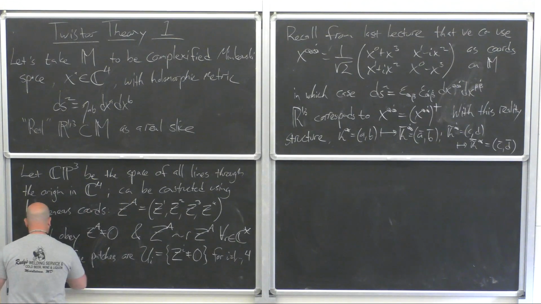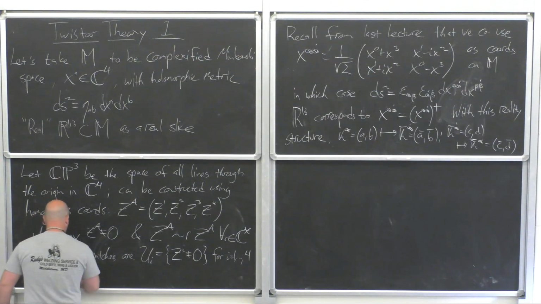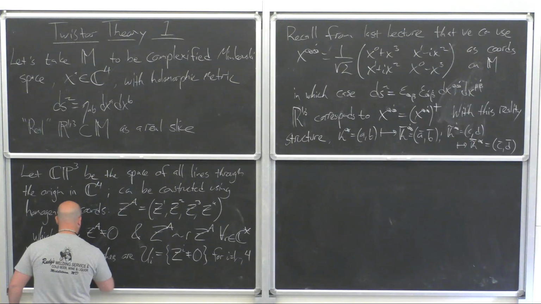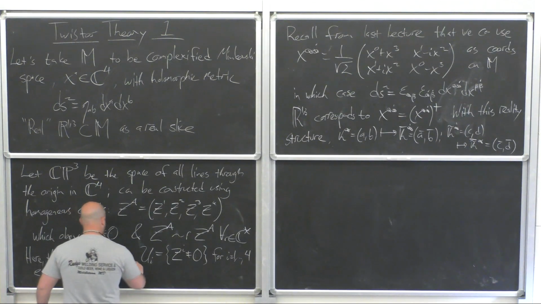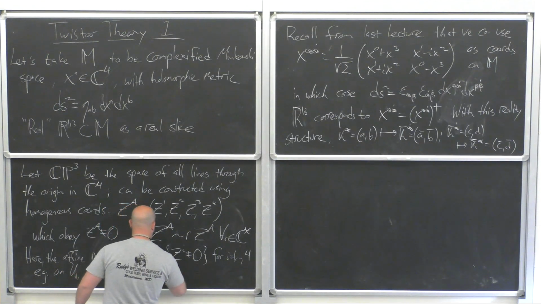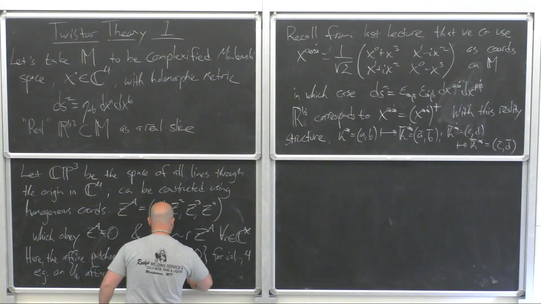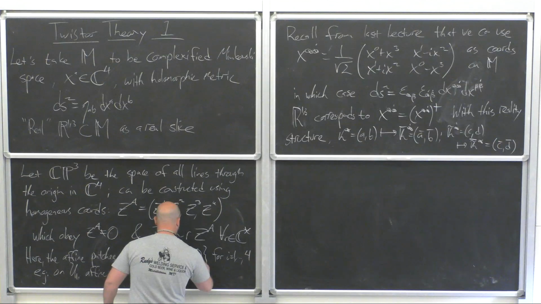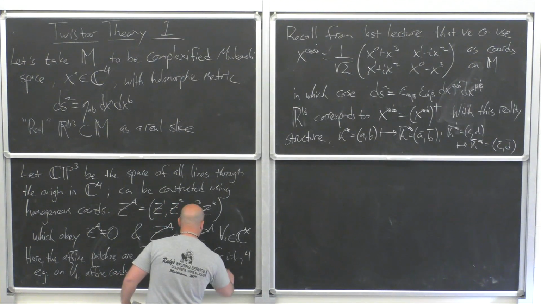So on, for example, U1, we have the affine coordinates. Here I could have ZA equal to big Z1, 1, big Z2 over big Z1, big Z3 over big Z1, big Z4 over big Z1.